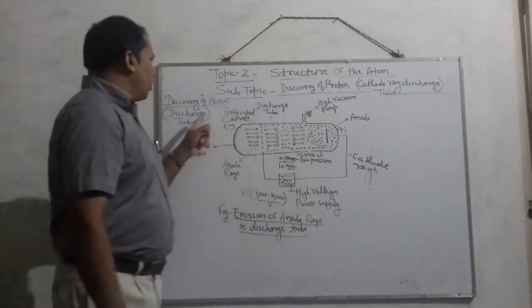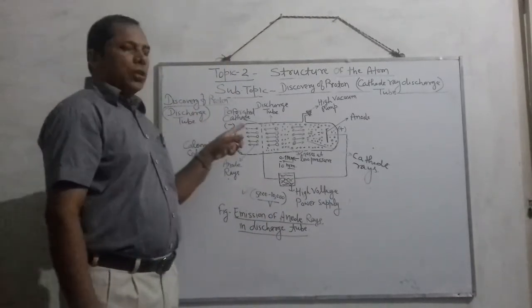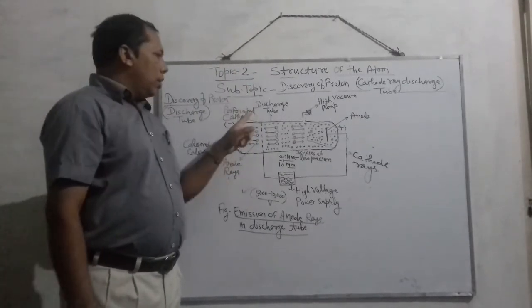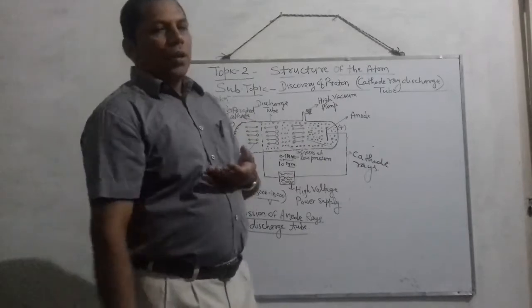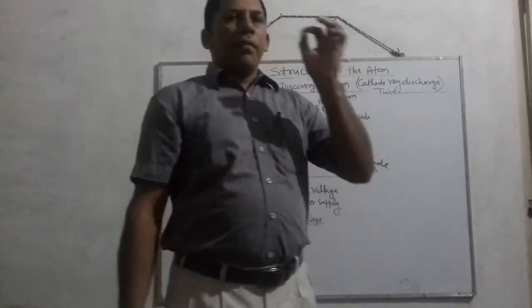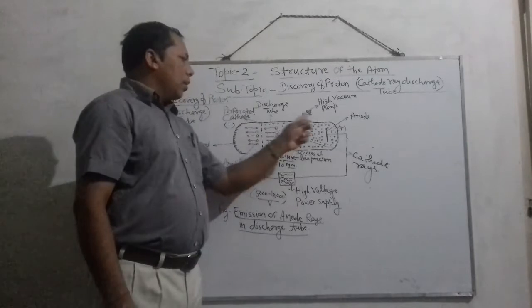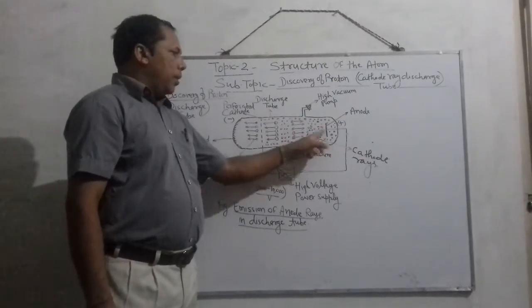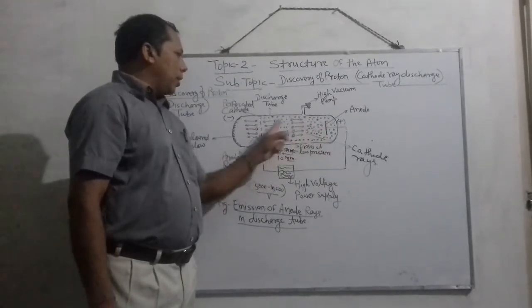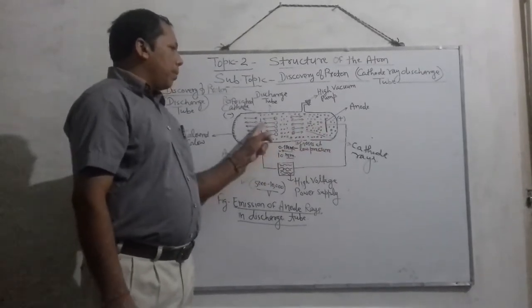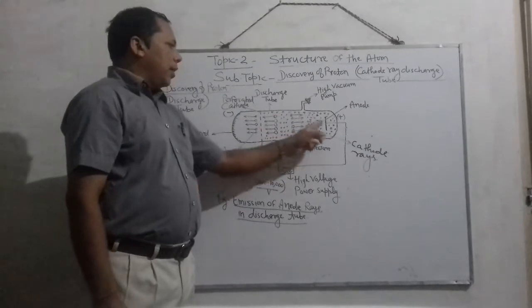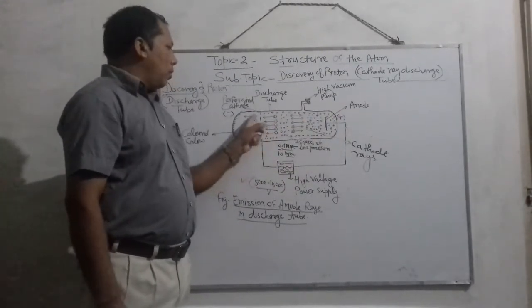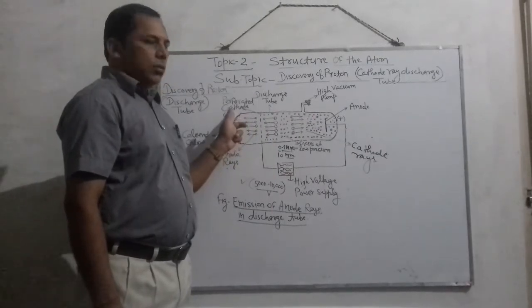So what is the discharge tube? As usual, the discharge tube is made up of a perfectly leak-proof glass tube in which two metallic electrodes are fused inside the tube. Among them, one is the anode and the other is the cathode.